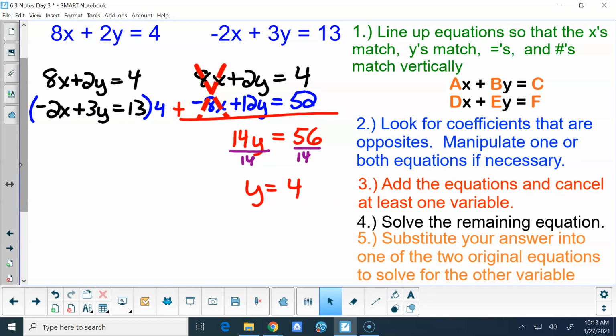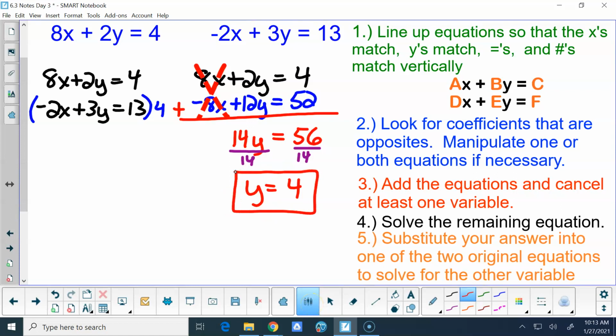Then what we're going to do is substitute that in. So we've got y equals 4. We're going to substitute that back into either one of our original equations, and we're going to solve for the other variable. So if I went into 8x plus 2 times y, but now y here is 4, equals 4.